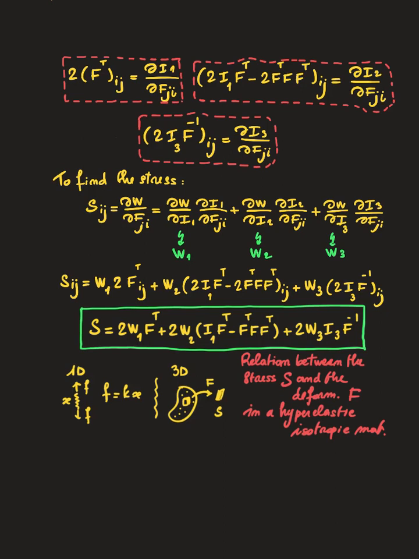Something we would wish to do is to express this differently. You've already seen with Michel that the formulation of equilibrium equations can be written both in a Lagrangian format, through the Piola-Kirchhoff stress, and in an Eulerian format, through the so-called Cauchy stress. So the last step is to see how sigma, the Cauchy stress, relates to the gradient of deformation.